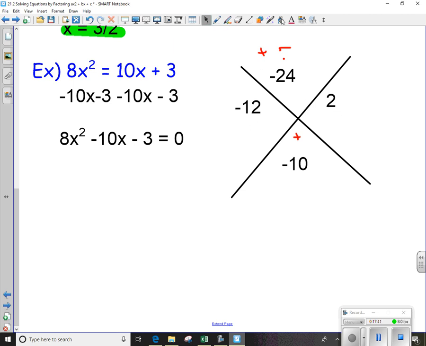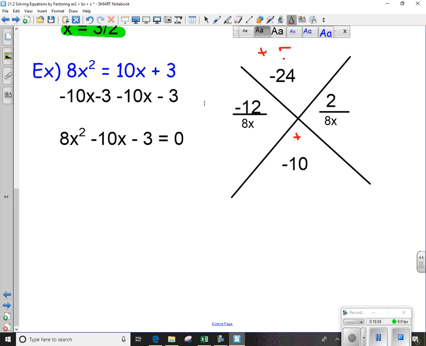So now I'm going to divide both of those by our a value. In this case, our a value is the 8. So I'm going to divide this by 8x, divide this side by 8x, and then reduce your fractions. This is one case where you do have to simplify both fractions.